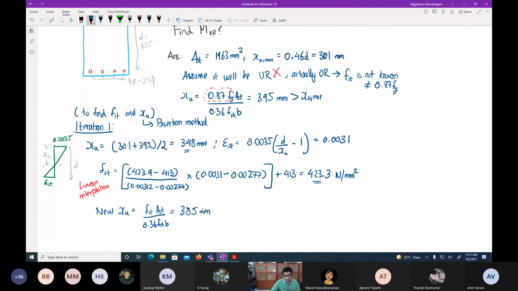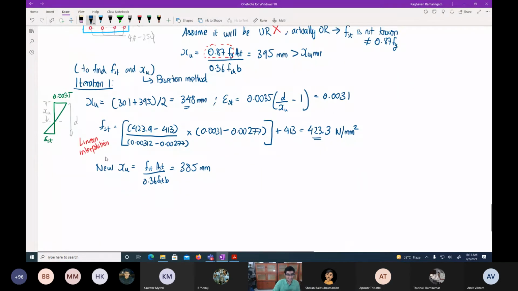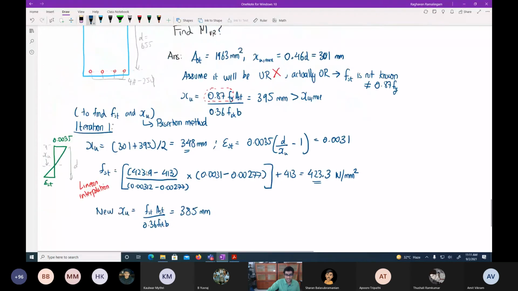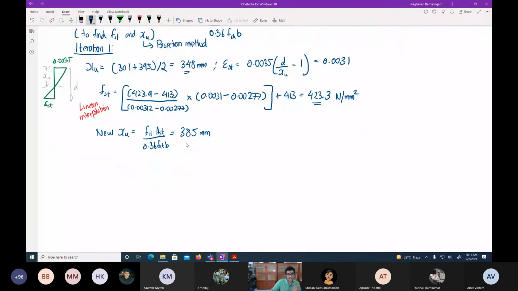So it is converging a bit slowly. It's not good for us. Okay, iteration 2. Now you see this is 385, and what you had before was 348. So now you bisect it again. Xu equals what you previously found, 385, and what you started with, 348.